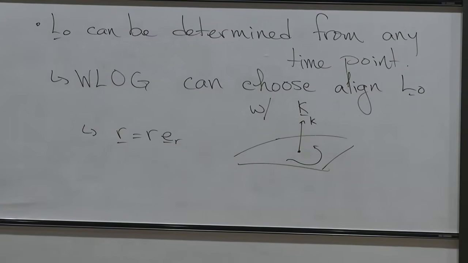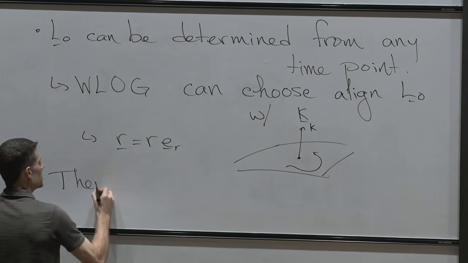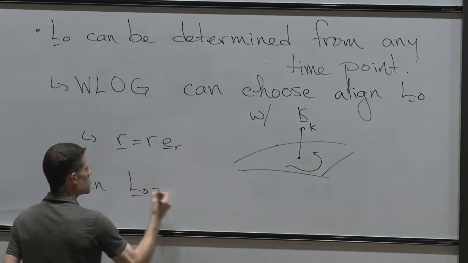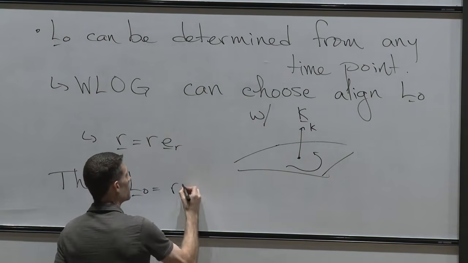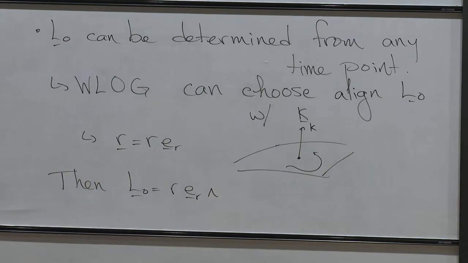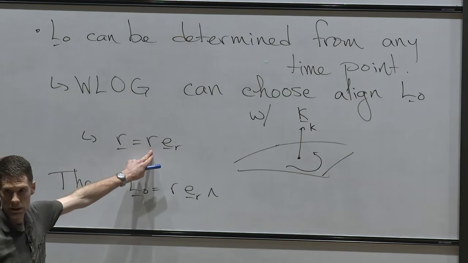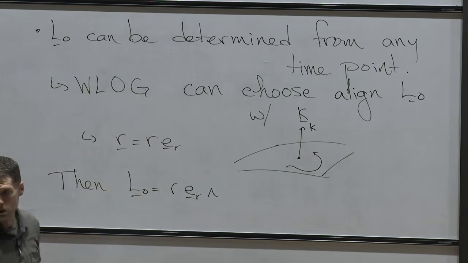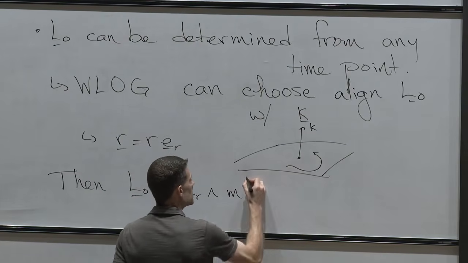And let's compute L0. So L0 is r, which is r er, cross r dot, which remember has two components, an r dot er and an r theta dot e theta, and do that times m.